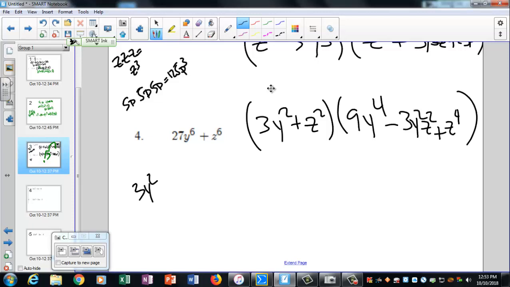Z to the 6 is z squared times z squared times z squared. Now, it's going to be small parenthesis, big parenthesis. These two pieces go into the small parenthesis just the way they are: 3y squared, z squared.